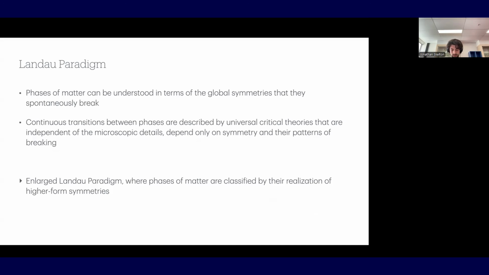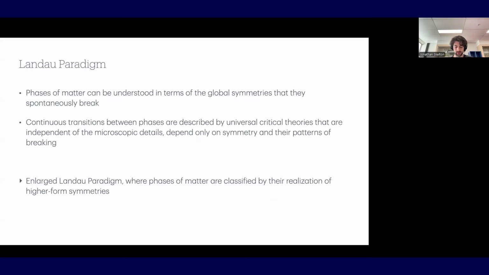Okay, so let's review this Landau principle. We really like symmetries because they're really useful to describe the physics, and in particular, they constrain the theory a lot. But it's also important to study spontaneous symmetry breaking, right? Because different phases of matter can be understood through this process.